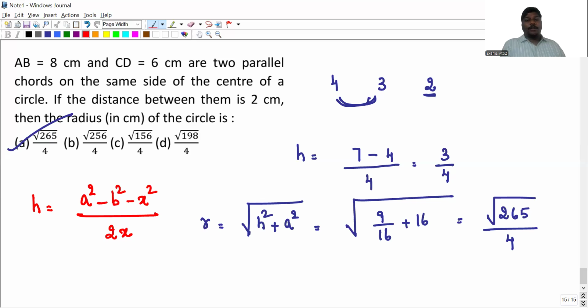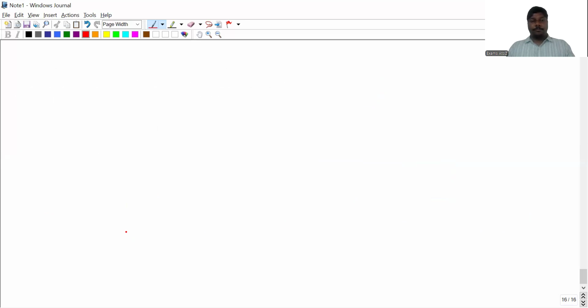That is the reason you take r as the square root of h square plus a square, so you can find the radius very quickly. It is not matching with the triplets. When triplets don't match, what does that mean? The difference between 4 and 3 should be 1, but instead of 1, they gave you 2 here. We'll see one more sum in the same manner.